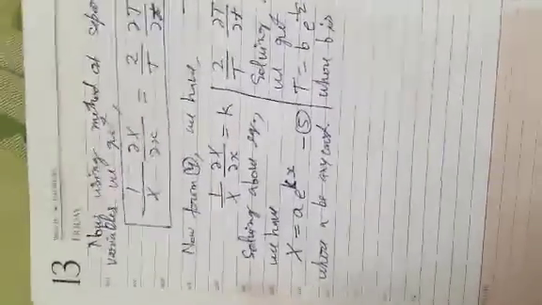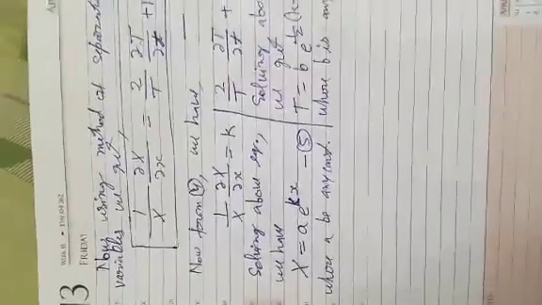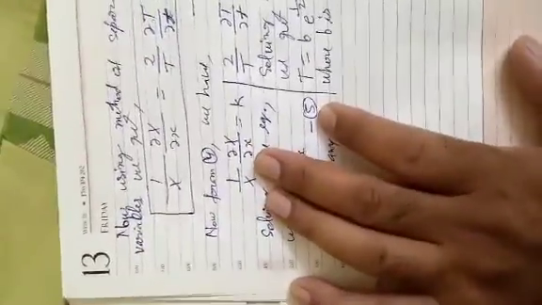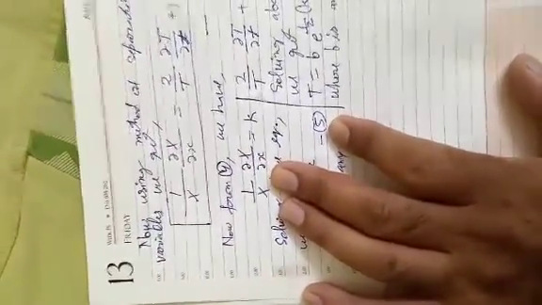Now, how did this solution come? Note that 1 upon X del X over del x is equal to k. As I stated in the last video, by the method of separation of variables, capital X is a function of small x only, so this equation behaves like an ordinary differential equation.